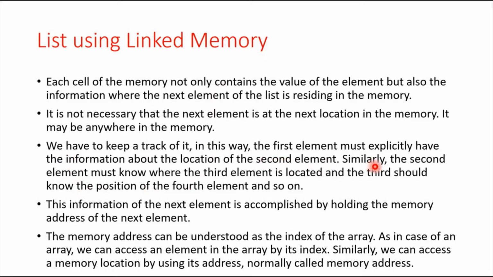In this way, the first element must explicitly have the information about the location of the second element. Similarly, the second element must know where the third element is located, and the third should know the position of the fourth element, and so on. This information of the next element is accomplished by holding the memory address of the next element.